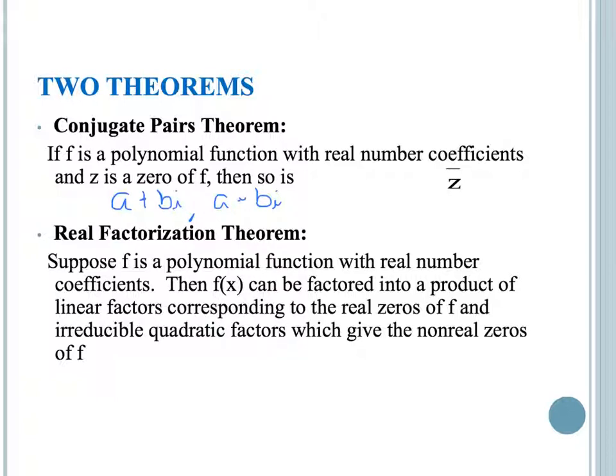The factorization theorem is saying that we can factor our polynomial all the way down into all the sets of parentheses, like this, either into linear or into quadratic factors, like we were doing in the previous example.